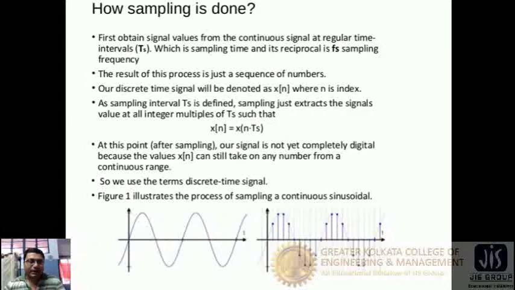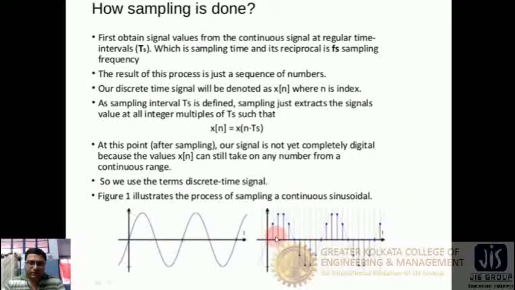At this point, our signal is not digital because the value x[n] can still take any number from a continuous range. So we use the term discrete time signal. The above statements say this: it is a continuous time signal which varies continuously with respect to time, and we take some samples from it at equal intervals, that is Ts.